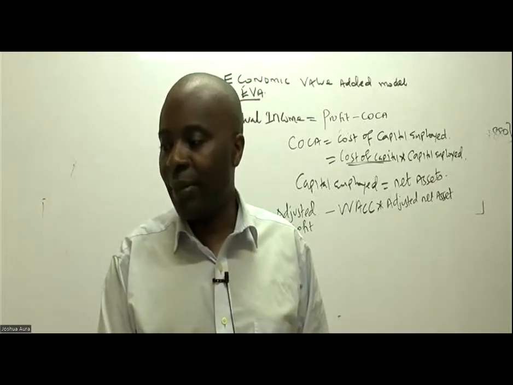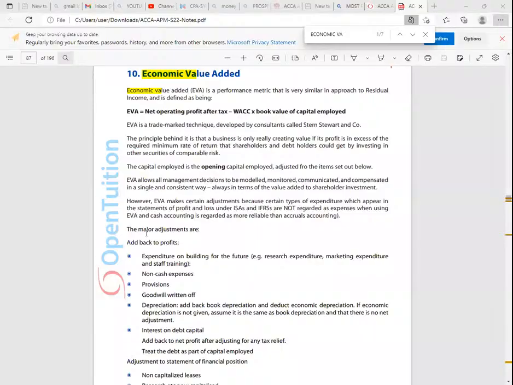And I would want to project something here so you can go now through these notes having discussed them. So you're saying that the economic value added model is a performance metric that is very similar in approach to residual income and is defined as EVA is net operating profit after tax minus WACC times book value of capital employed. EVA is a trademark technique developed by consultants called Stewart and Company.